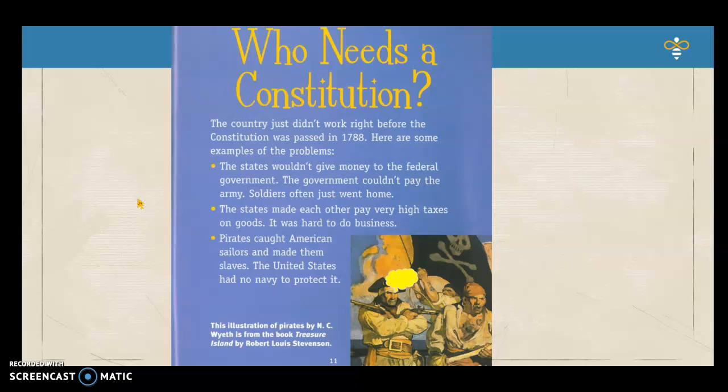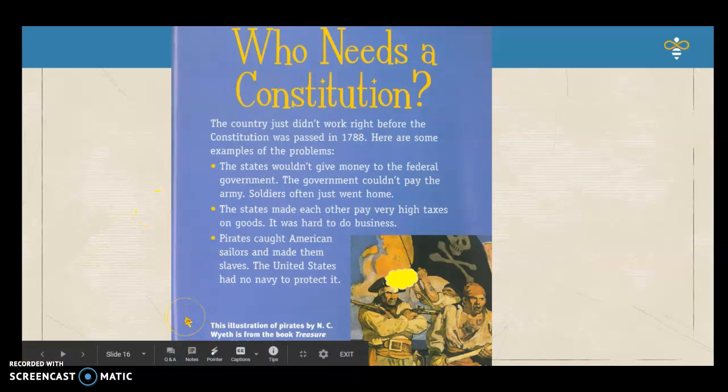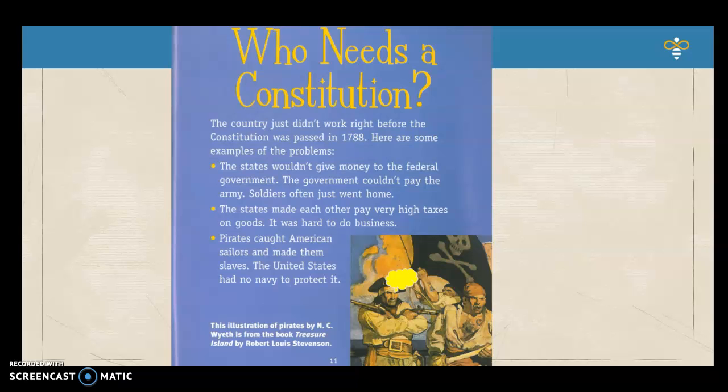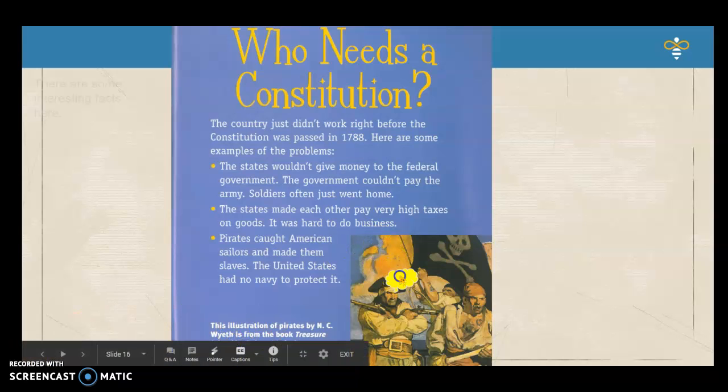It was hard to do business. Pirates caught American sailors and made them slaves. The United States had no army to protect it. This illustration of pirates by N.C. Wyeth is from the book Treasure Island by Robert Louis Stevenson.